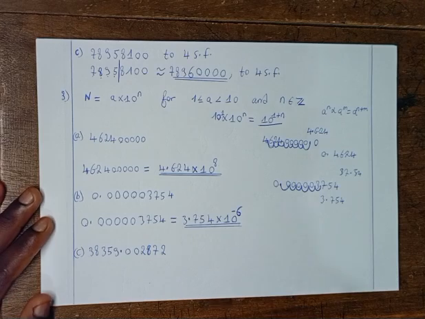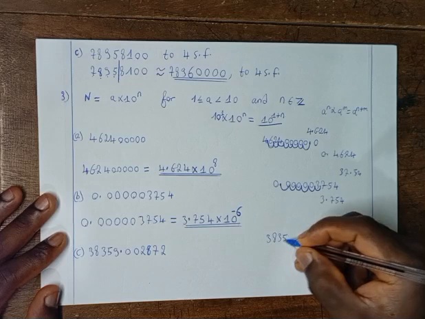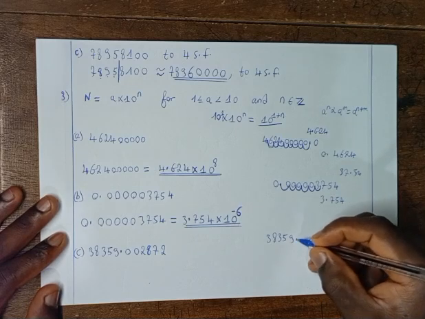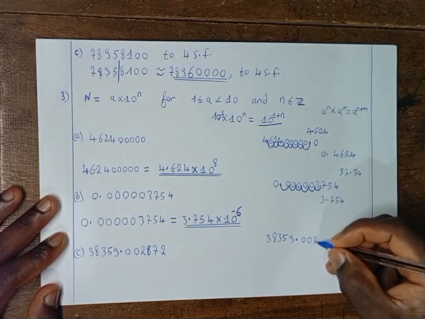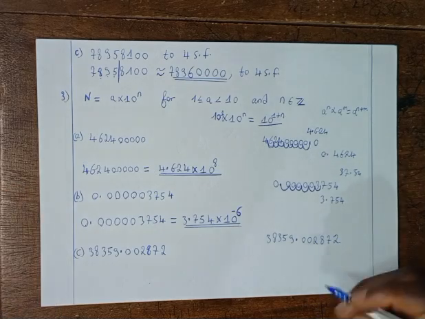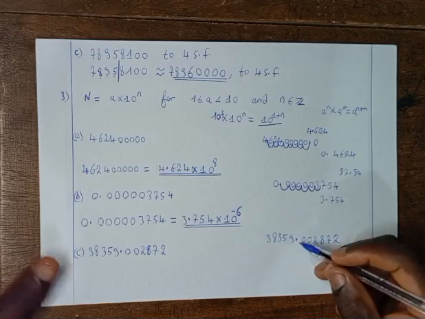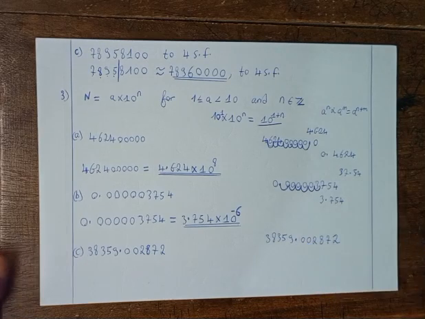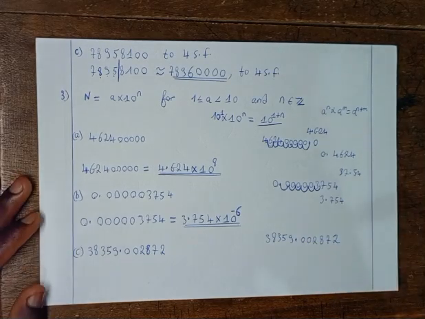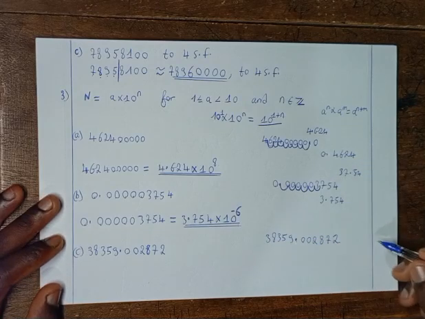Take note, this is somehow tricky, very tricky. If you decide to move to the right-hand side, you will discover that you will never get the value for a. You will never have the value for a if you decide to move in this direction.